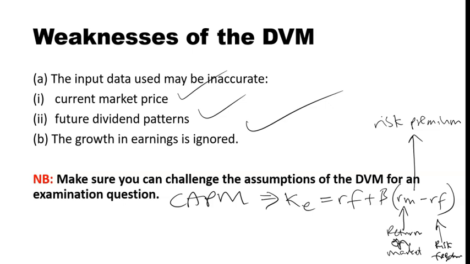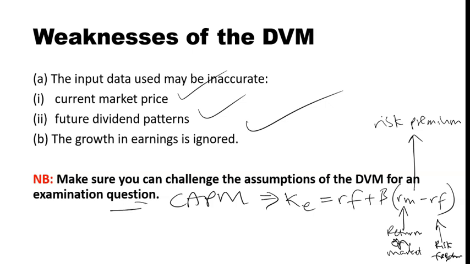The return on market minus the risk-free rate, we get what is called the market risk premium, or the risk premium. So this bracket can be represented by just one figure called the risk premium. This is the CAPM formula.